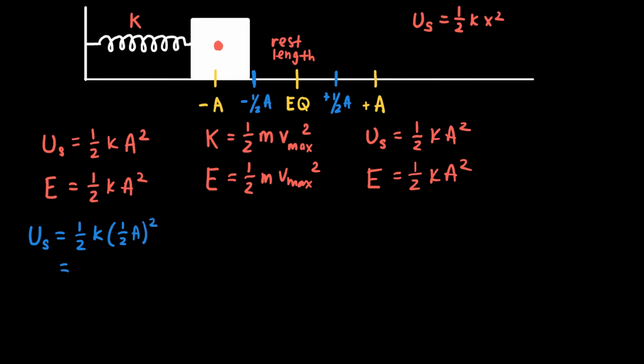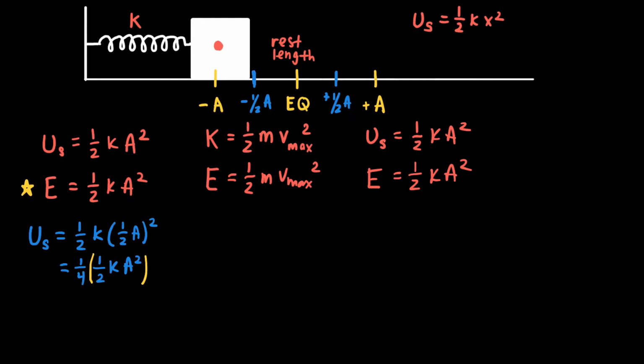So the elastic potential energy term is equal to, I'm going to write this in kind of a strange way, 1/2 K a squared, and then the 1/2 inside the parentheses, squared, would be 1/4. Okay? I'm writing it in this way because everything inside the parentheses here, the 1/2 K a squared, is exactly what I wrote for the total energy at the maximum amplitude.